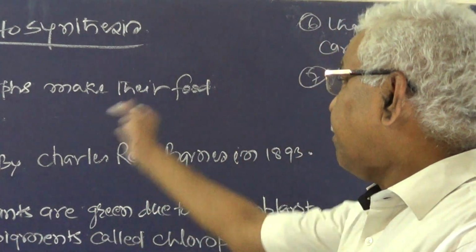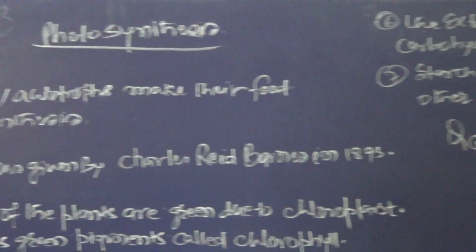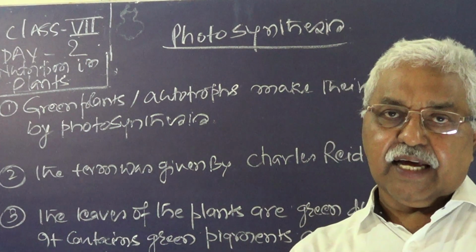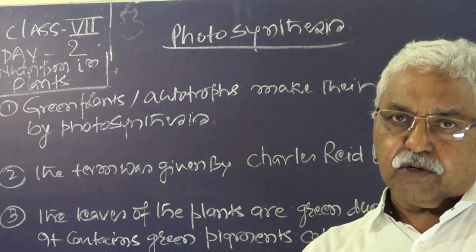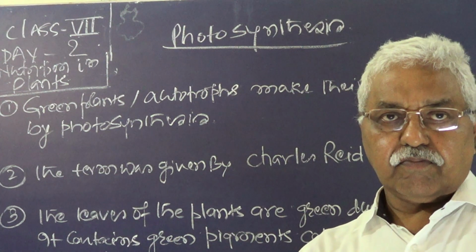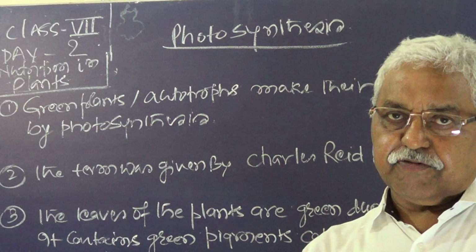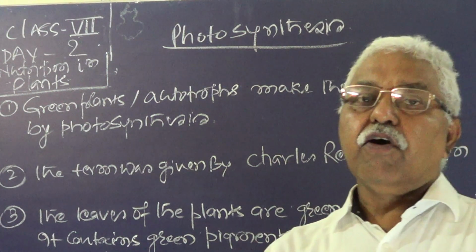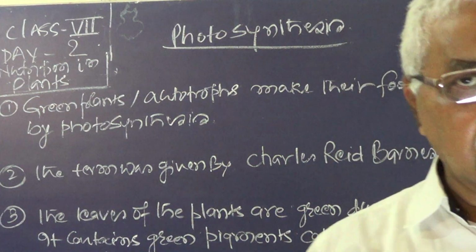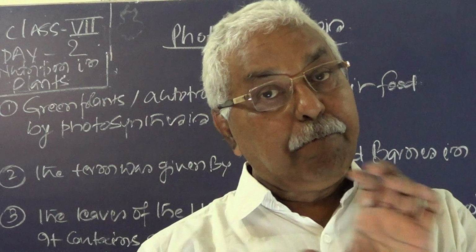Green plants or autotrophs make their food by photosynthesis. All the autotrophs come under the category of green plants. They prepare their food by the method of photosynthesis. The term photo means sunlight, and synthesis means build.